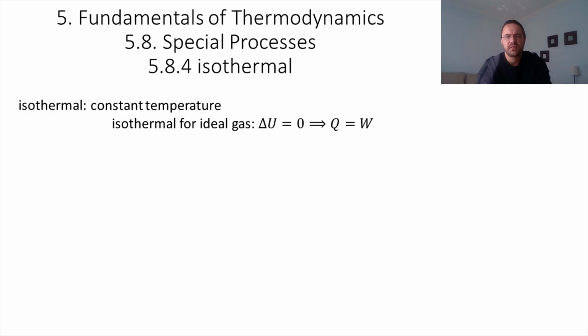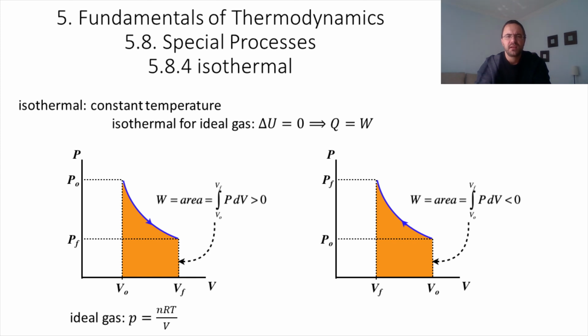So all of the heat is converted into work. And we have already seen in a previous video that for ideal gases, the pressure is given by nRT over V. So you can represent an isothermal process with the inverse volume curve on a PV diagram.